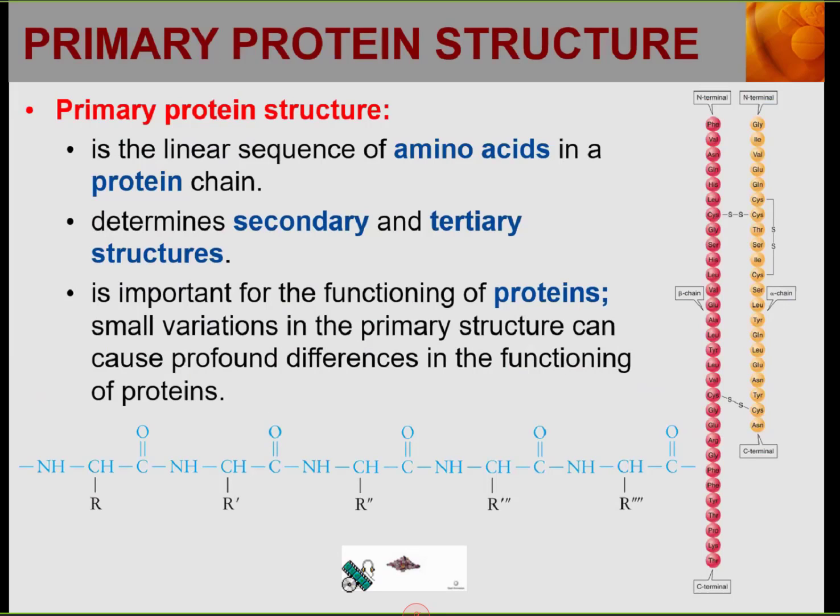So proteins have 4 kinds of structures. The first is the primary structure. The primary structure of a protein is the sequence of amino acids, a particular sequence. And again, what bonds one amino acid to the next is that carbon-nitrogen bond that you see at the bottom of the screen.